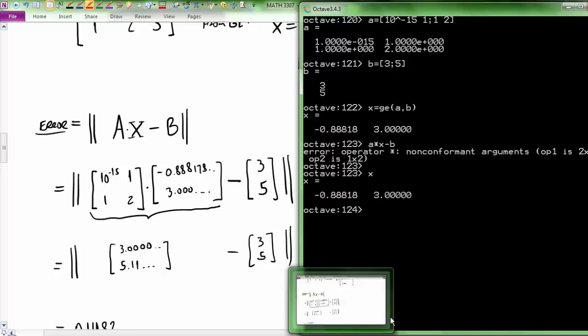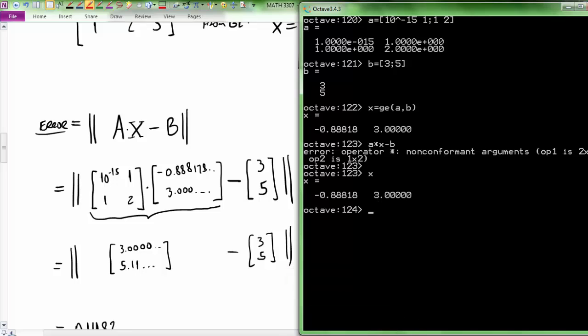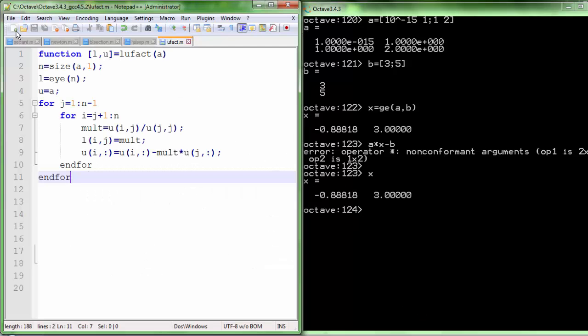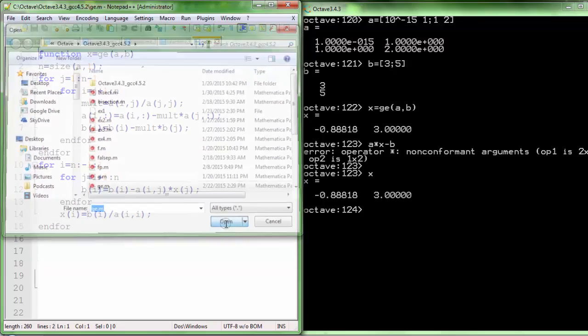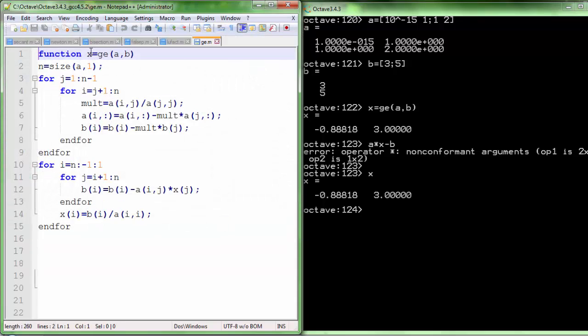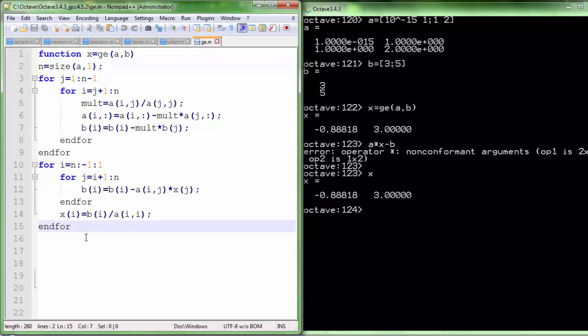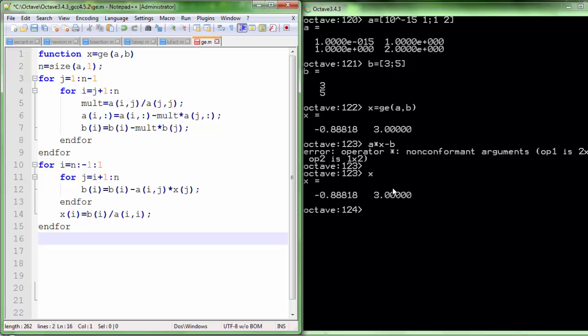And in fact, this is a good time to change the way that the Gaussian elimination returns the value of x. So let's go back here to the Gaussian elimination. See, when Gaussian elimination does the elimination and the backward substitution, then the function returns x in this format.